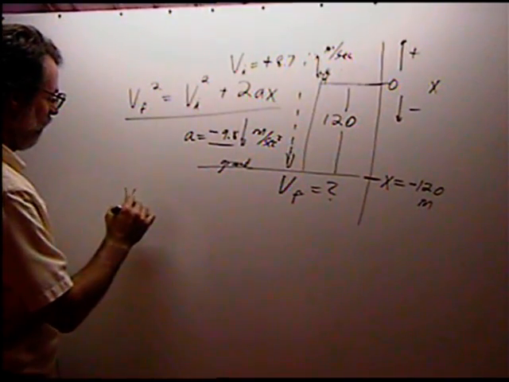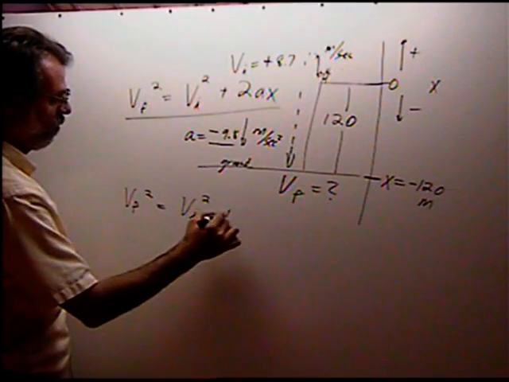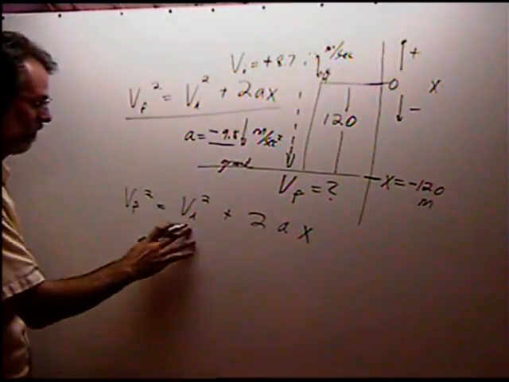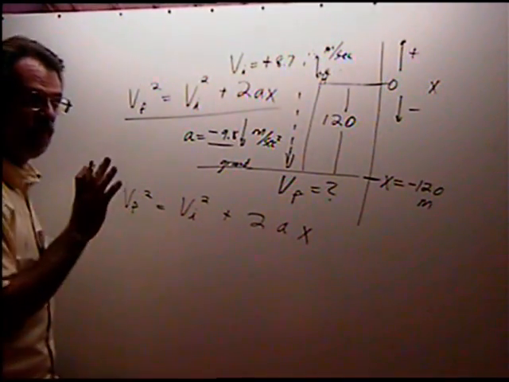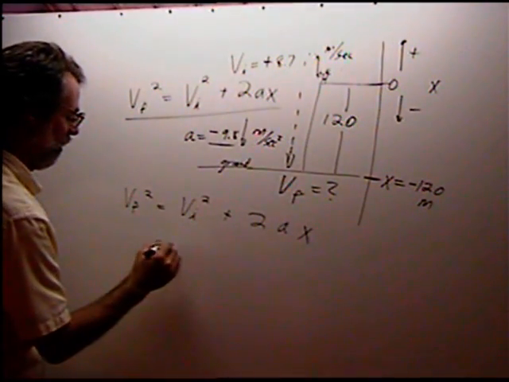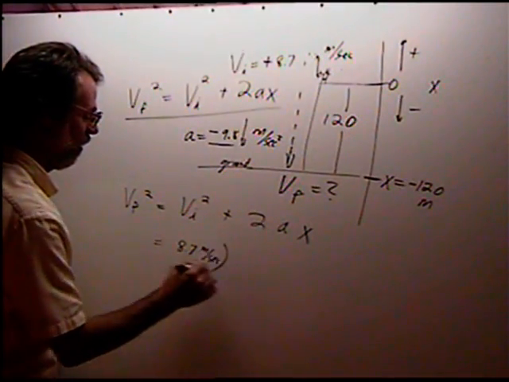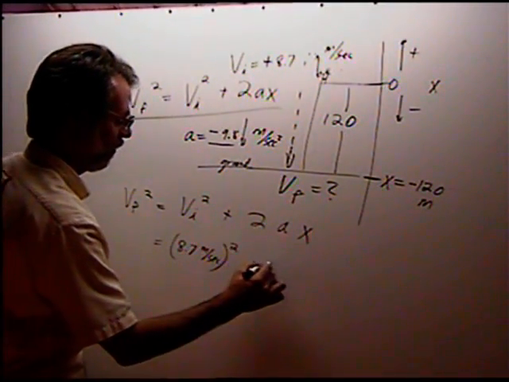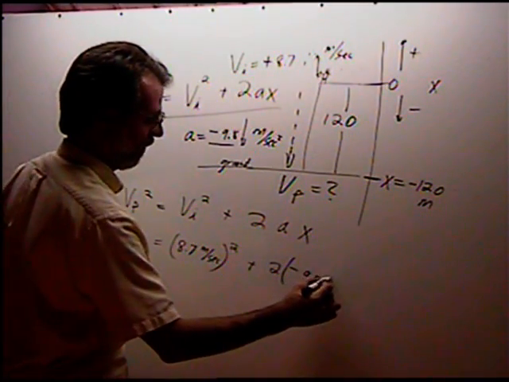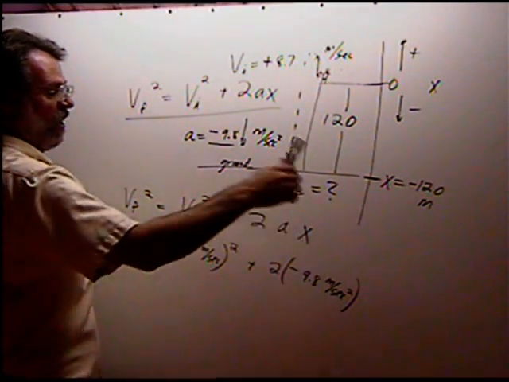So the final velocity squared equals the initial velocity squared plus 2ax. Okay, so let's start plugging in, but be very careful with the signs. The initial velocity is 8.7 meters per second, all that squared, plus 2 times the acceleration, which is minus 9.8 meters per second squared, times x.